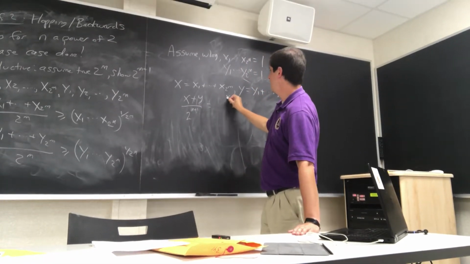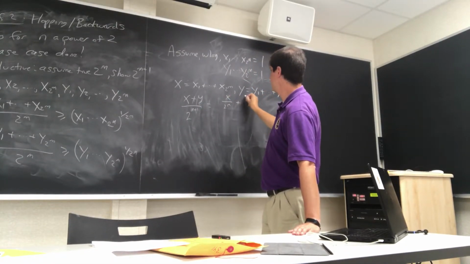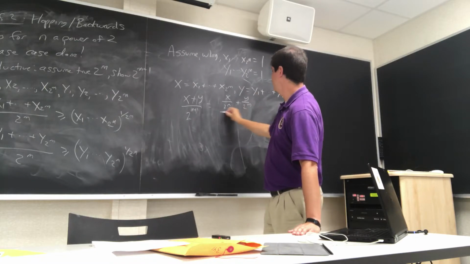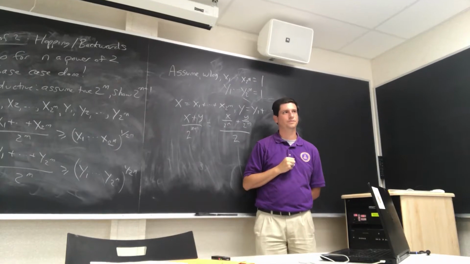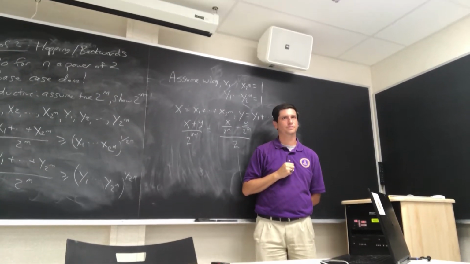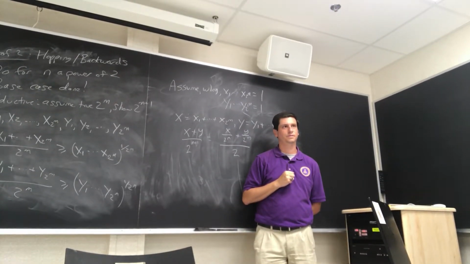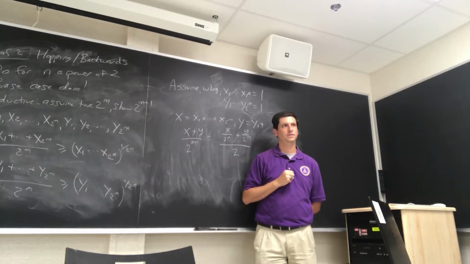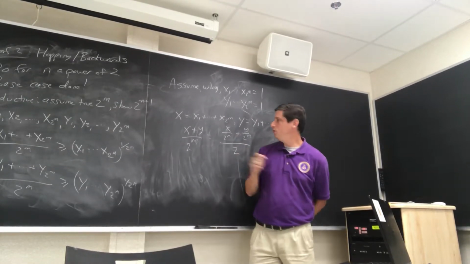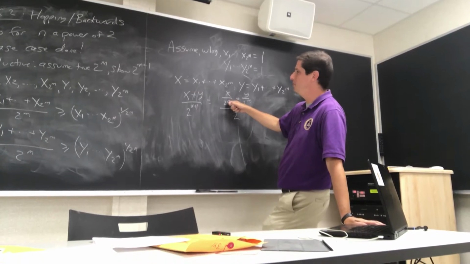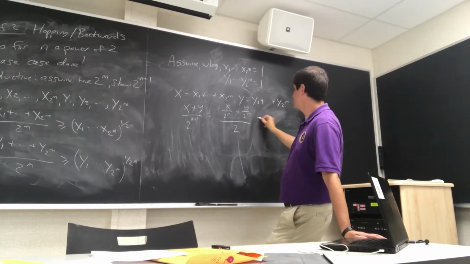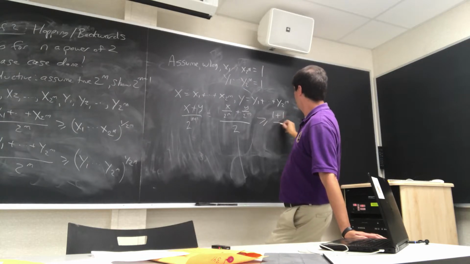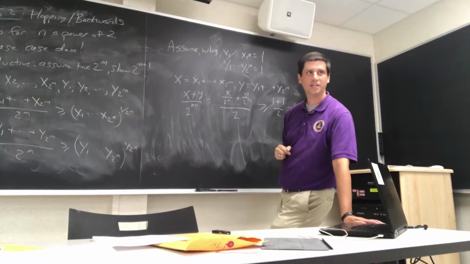This is x over 2 to the m plus y over 2 to the m, divided by 2. Right? And we know by induction x over 2 to the m is at least 1, and y over 2 to the m is at least 1. So this is greater than or equal to 1 plus 1 over 2, which equals 1. And that's what we needed to show.